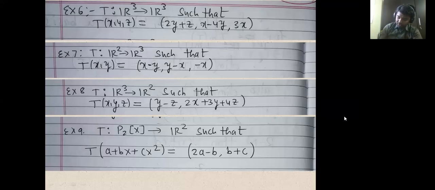So that is x belongs to R3 such that (y minus z, 2x plus 3y plus 4z) is equal to (0, 0). Now from the right side we get a system of linear equations: small x, y, z such that y minus z equal to 0 and 2x plus 3y plus 4z equal to 0.